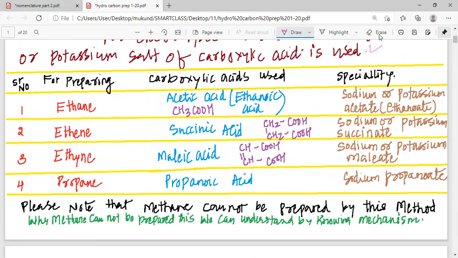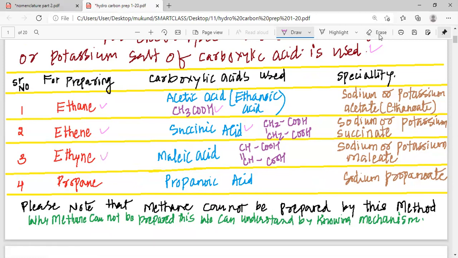For example, if you want to prepare ethane, then we will use acetic acid and we will use the aqueous solution of sodium or potassium acetate, or sodium or potassium ethanoate. For preparation of ethene, we are going to use sodium or potassium succinate, the salt of succinic acid.